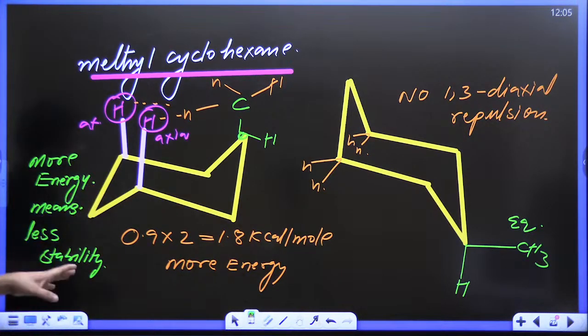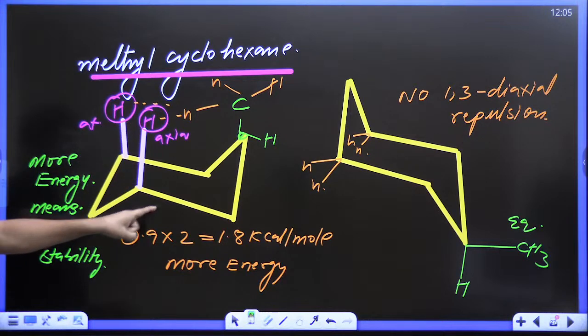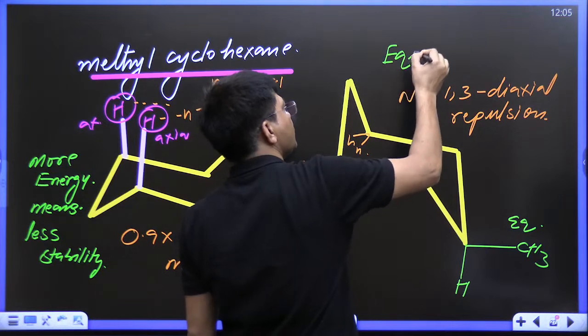If the examiner is going to ask which is the more stable form, this is axial methyl cyclohexane and that is equatorial methyl cyclohexane.